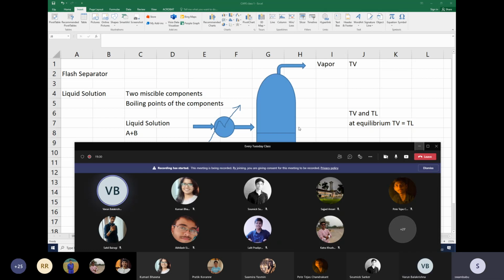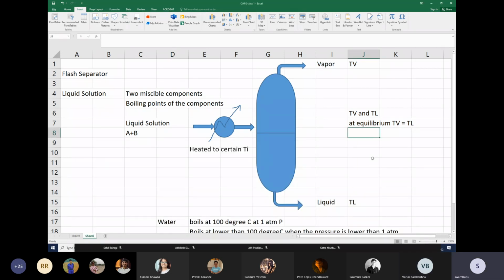So if we have the TXY graph, that is vapor liquid equilibrium data, and since we know TV and TL, we'll be able to find out the vapor composition and the liquid composition.